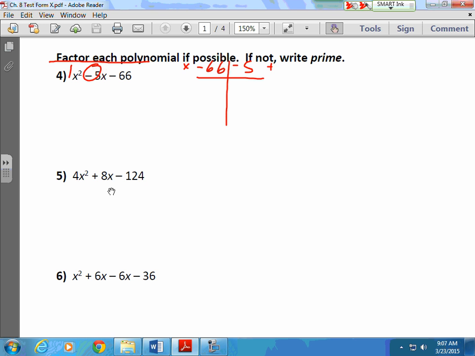So negative 66. What are my factors of negative 66? Negative 11 and 6. 6 and 11. No. 3 and 22, right? 3 and 22, one of them being negative.